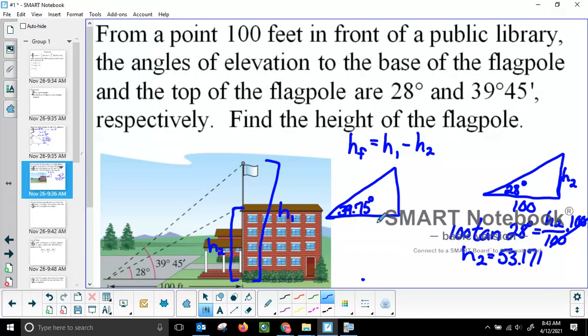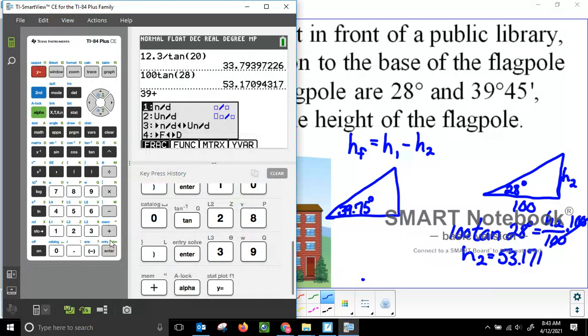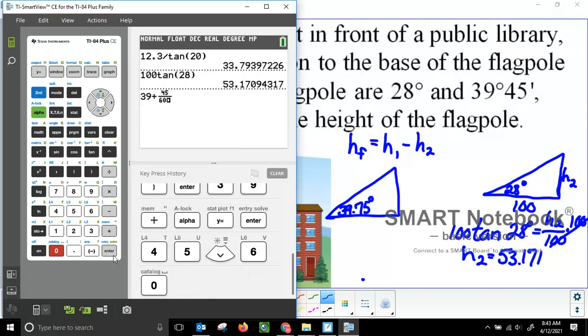So that's really 39.75 degrees. You definitely could have just said 39 plus 45 minutes over the 60 that are in an hour, and you get 39.75. You can do that in your calculator as well.